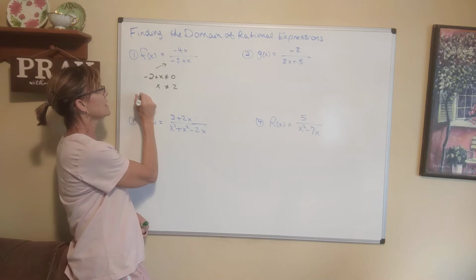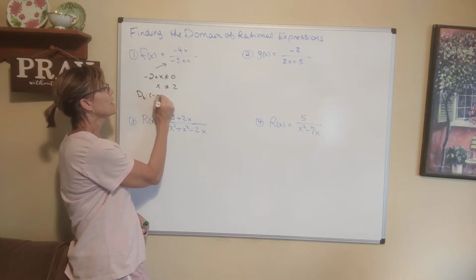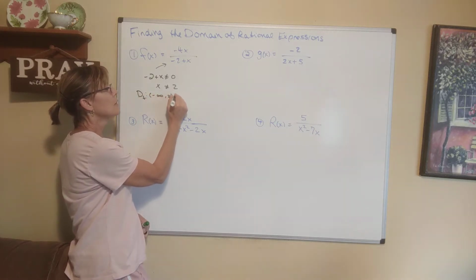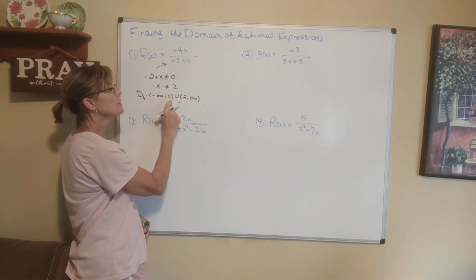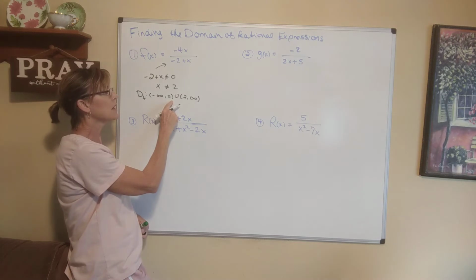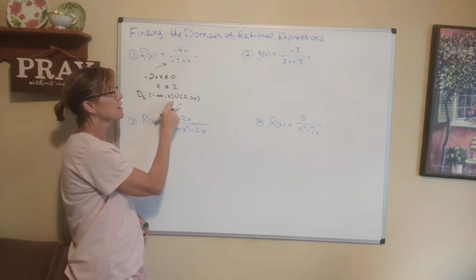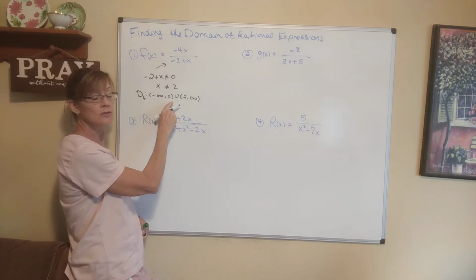How we write that in interval notation, the domain of f would be from negative infinity all the way to 2, union with 2 to infinity. And so these parentheses mean as close as I can get to 2 without it equaling 2. If it were a bracket, that would mean that it can be equal to that value 2.